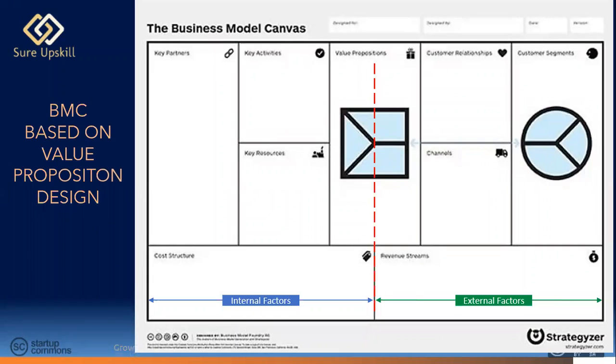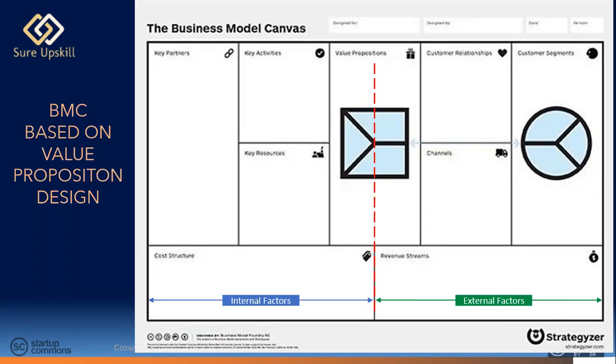This is the 9-box, one-pager business model canvas. The blue square and the red circle that you see represent respectively the value proposition, and the red circle you see is the customer segment.